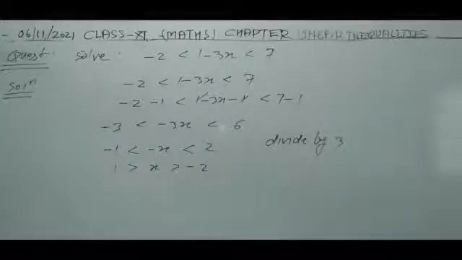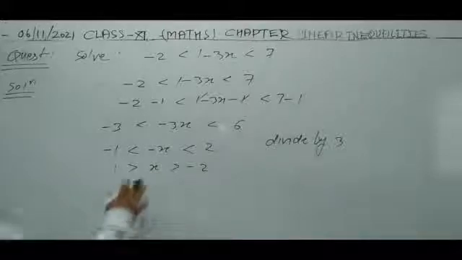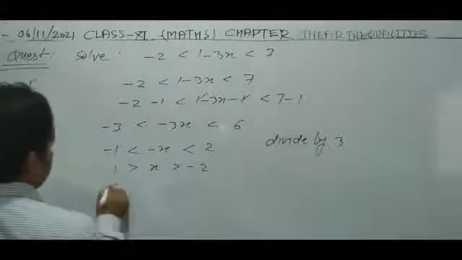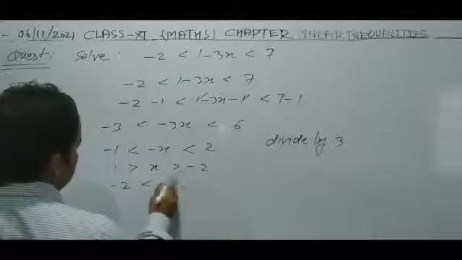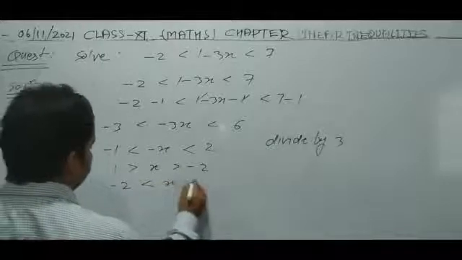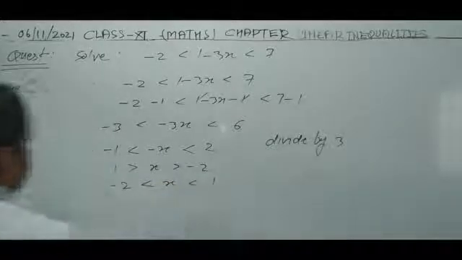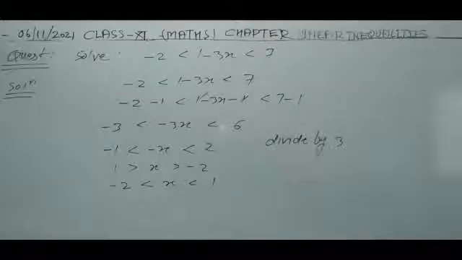So x is less than 1 and x is more than minus 2. This inequality we can write as minus 2 is less than x, that is, x is more than minus 2 and less than 1. So this is the answer.